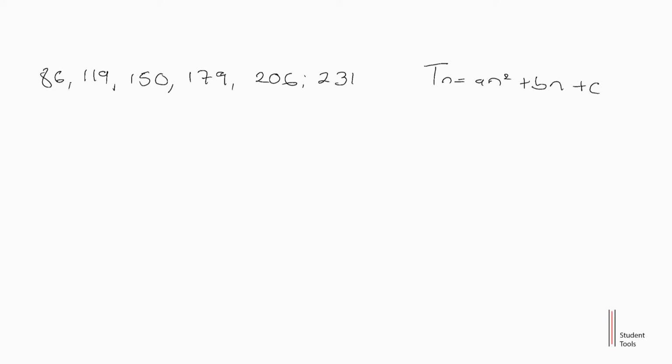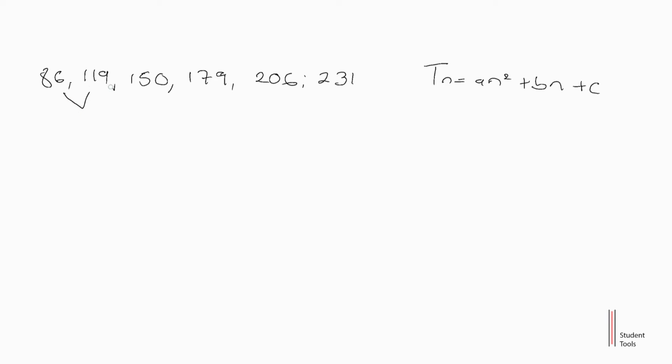So the first step is to find the first differences and the second differences. So how do we find the first differences? It's term 2 minus the previous term, that is 119 minus 86, just like we did in 2.1.1.